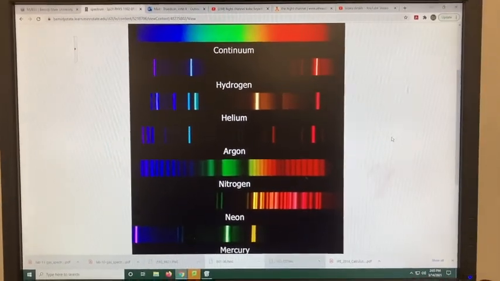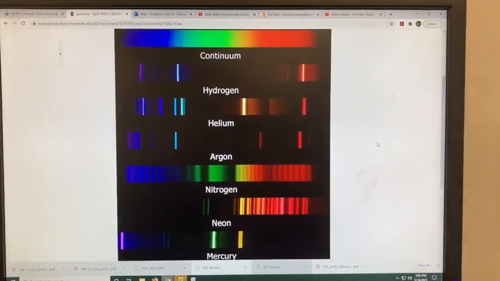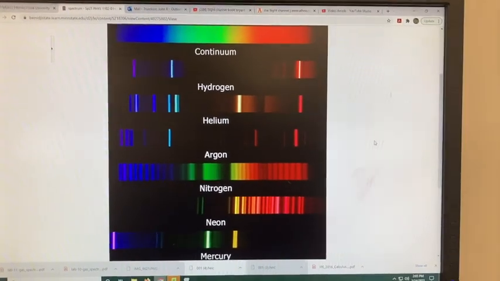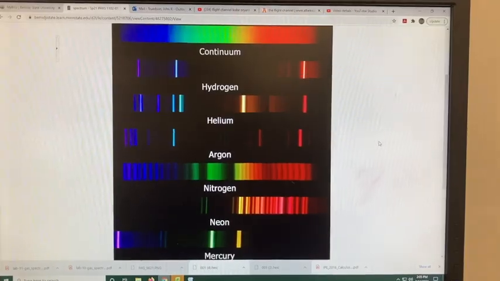All right, so this will be the lab for gas spectrum.